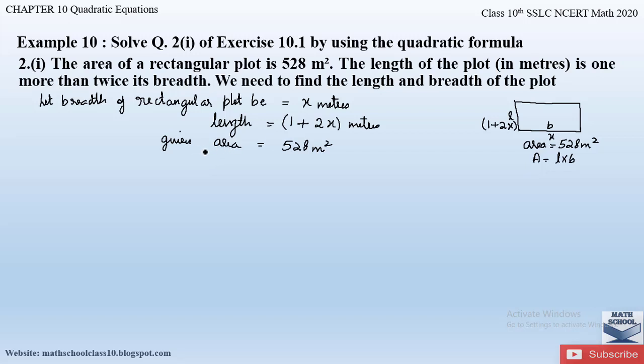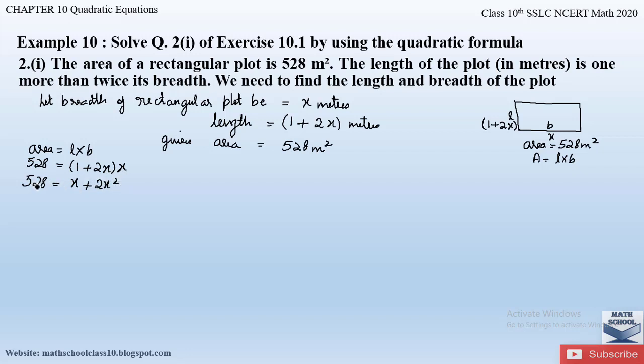So let us substitute in the formula of area. Area is equal to length into breadth. So area is 528, length is 1 plus 2x and breadth is x. Let us open the brackets here. So we will get 528 is equal to x into 1 is x plus 2x into x is 2x square.